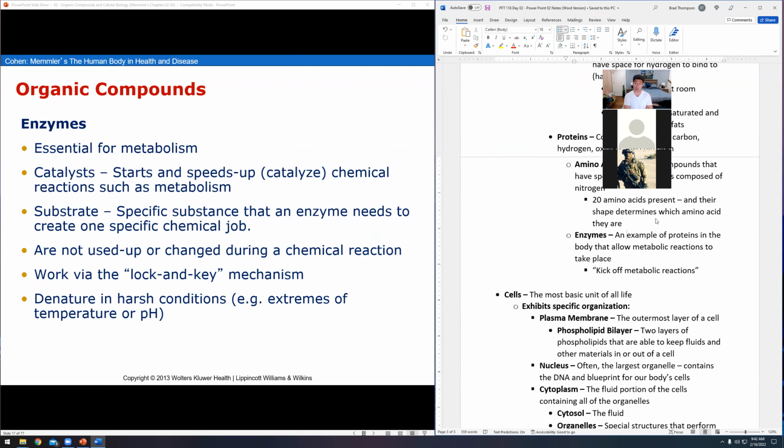This is one of the reasons why it's so important to have adequate protein intake in your diet. It's not just about building muscle, although that is also a big part of it. You need to make sure that you get enough protein so that you can effectively have enough enzymes. This is one of the problems with low calorie diets. When people go on these ultra low calorie diets, they lose out on having certain digestive enzymes and other enzymes inside their body. And it literally does mess up their metabolism.